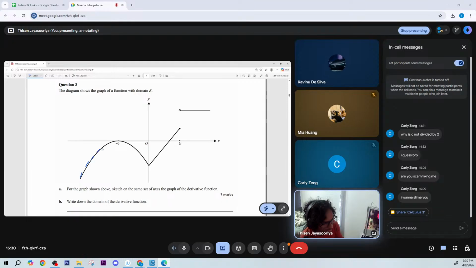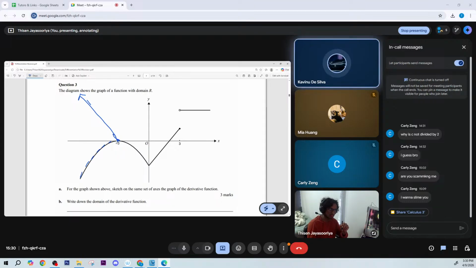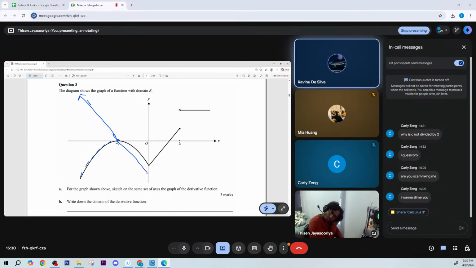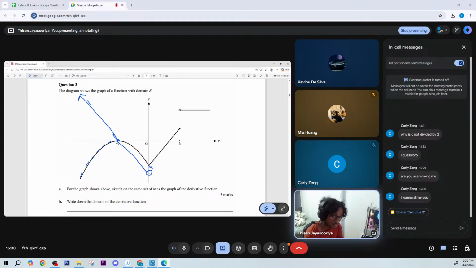The gradient is positive, so the derivative starts like this and then touches the x-axis at negative 3 because that's where it has a turning point. Then it continues going down because the gradient's negative. And at 0, what happens? It's non-inclusive because it's a sudden change, a sharp point.